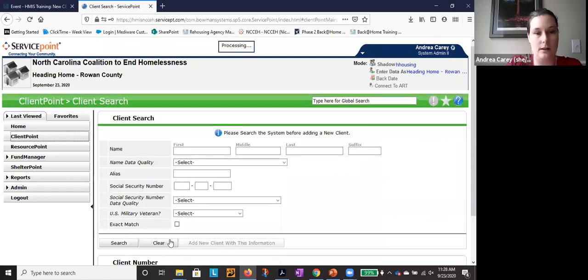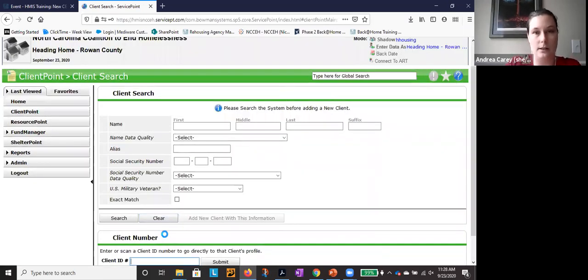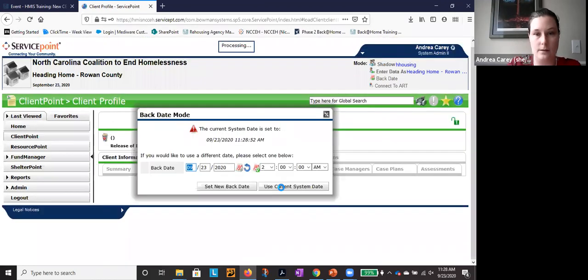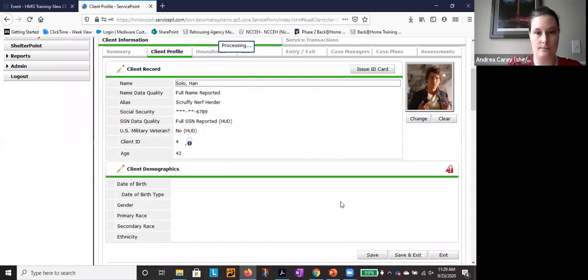And Home Solo is going to get some services. I'm typing his number in here. We use our current date. Okay, so for these elements, this is occurring through our regular data entry procedure, starting off with that client profile, making your way to the right.